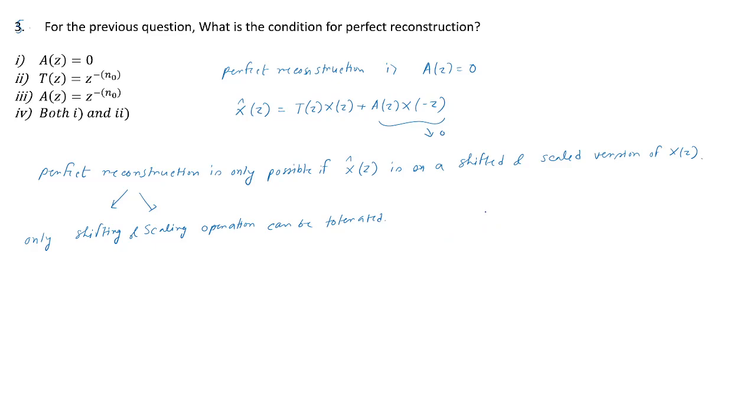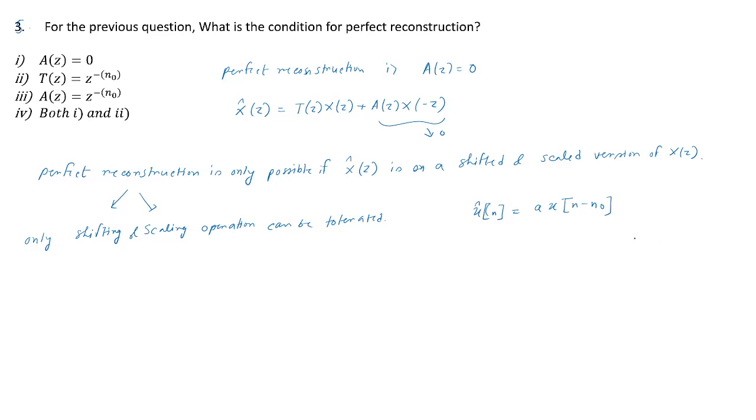So in a mathematical way, how does that appear? Your x hat of n is allowed to be some scaled version, a times x of n minus n0, some delay or advance operator, whatever it is.